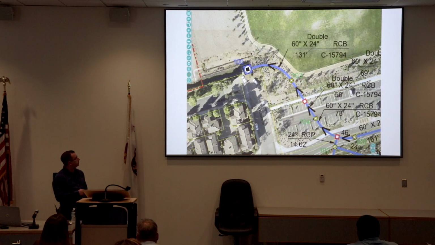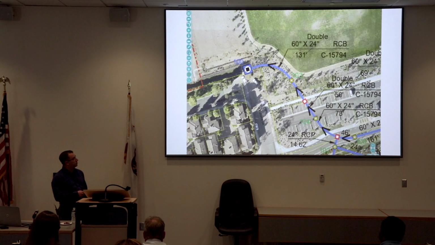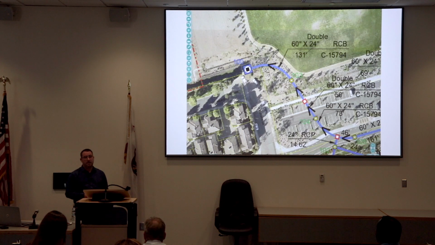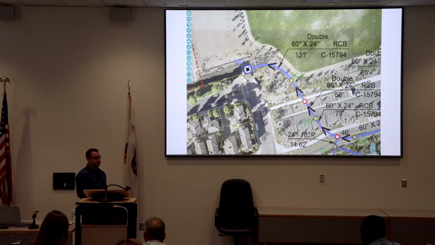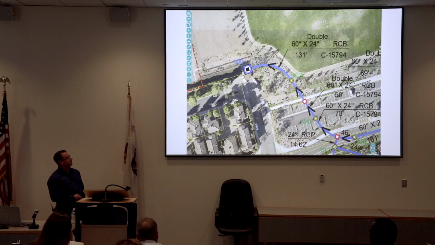So that bioswale is right here, and the inlet to it is this pipe that comes through here. This is the grass fields at the high school, but probably somewhere over here is the actual high school that was being constructed at the time. So it's probably not that close.